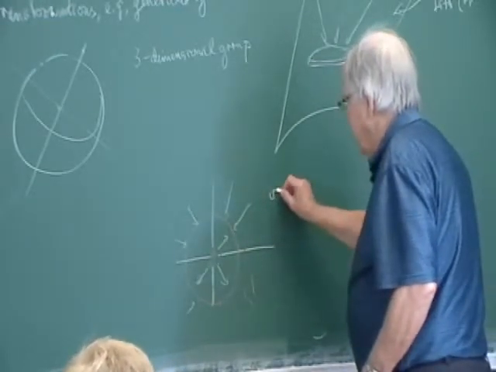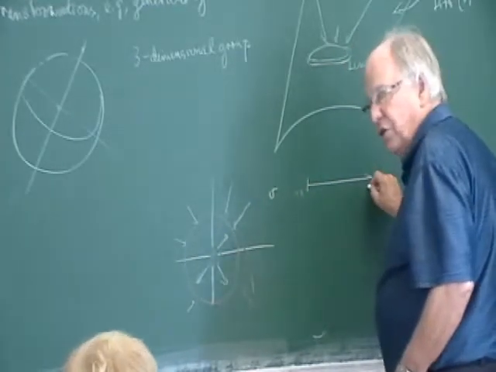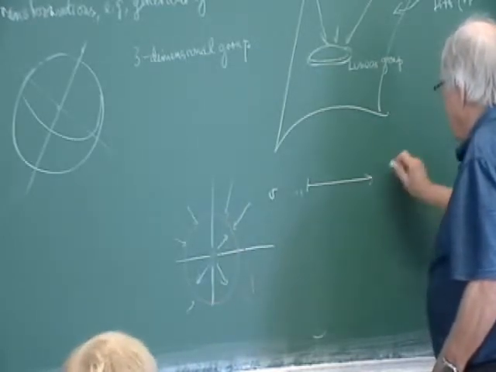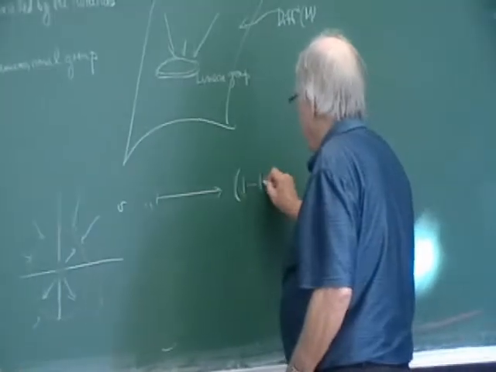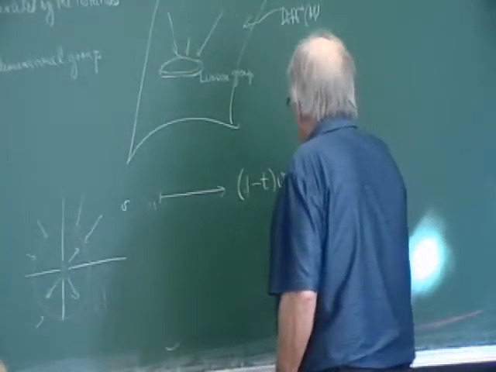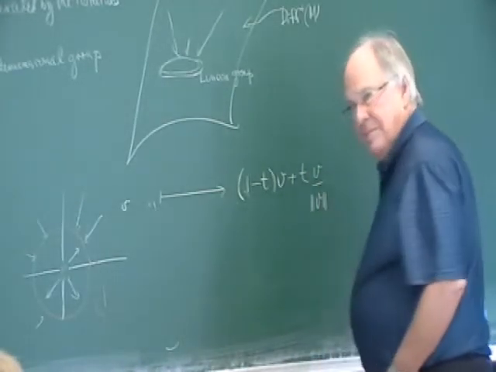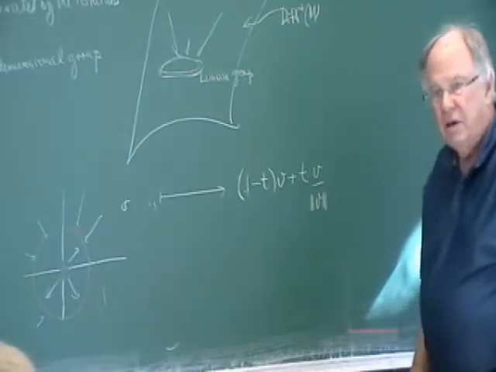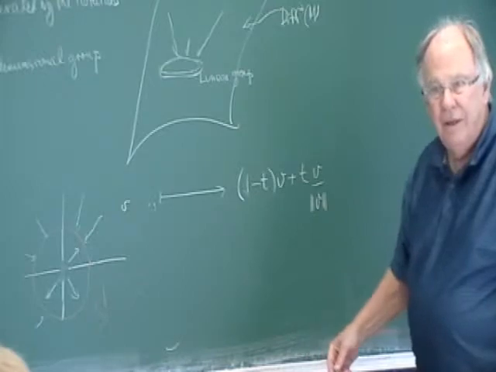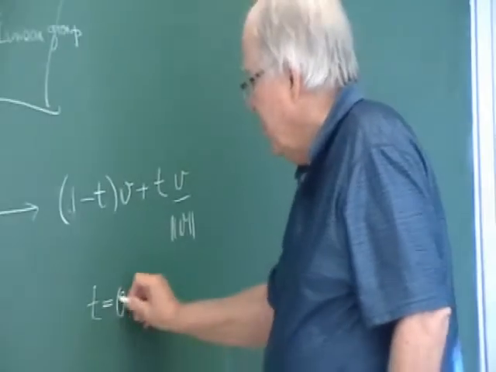V is a vector here. And for every flow you should write time, well, I'm going to start out at time 0. So (1 minus time) times V plus time times V divided by norm V. Always think of flows like this if you can. So you see what happens at time equals 0.